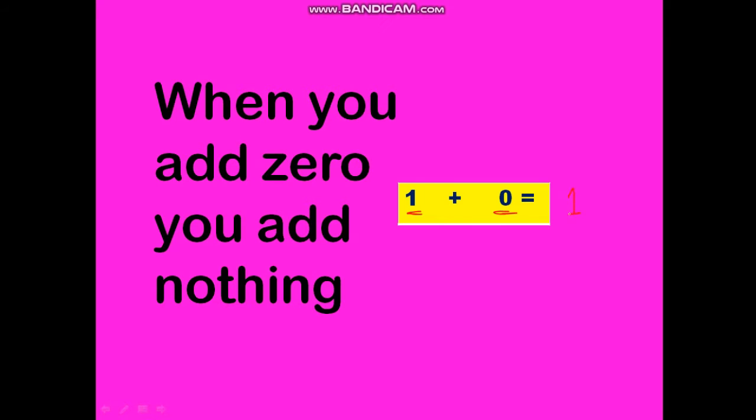That means my answer will be 1 only. So remember, जब 0 से टकराते हैं 0 वही बन जाता है. यानी कि कोई भी नंबर जब 0 के साथ मिलता है तो 0 वही नंबर बन जाता है. 1 plus 0 is 1.